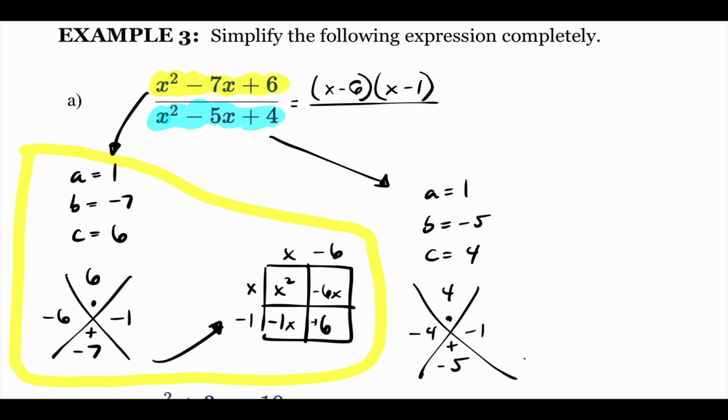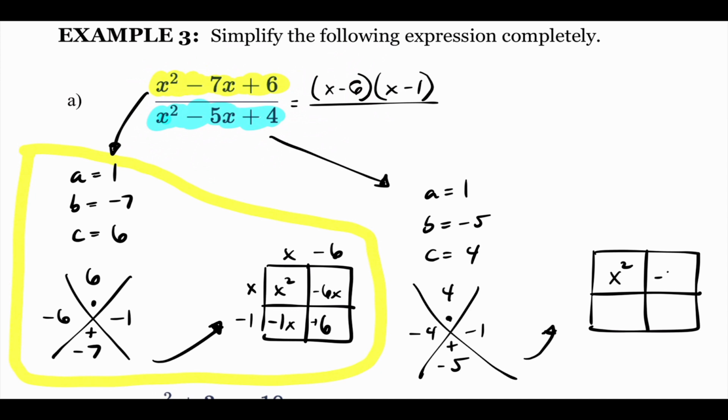Negative 4, negative 1. Okay. So x times x, we get negative 4 and negative 1. So x minus 4 and x minus 1. Okay, step 1 done. They're both factored.